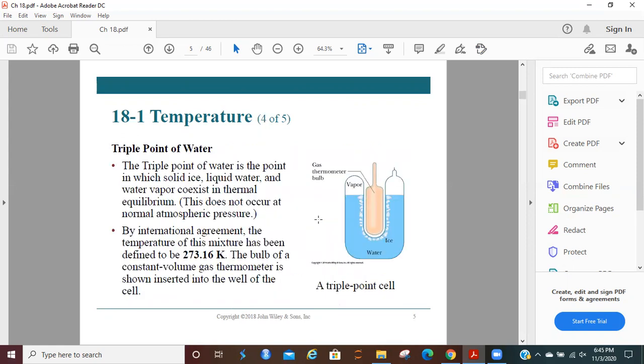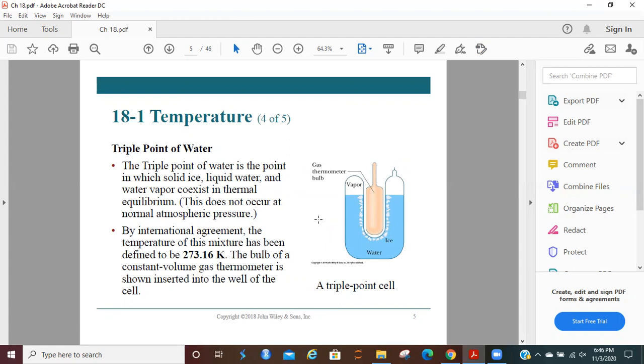Triple point of water. The triple point of water is the point in which solid ice, liquid water, and water vapor coexist in thermal equilibrium. Obviously, this does not occur at normal atmospheric pressure. By international agreement, the temperature of this mixture has been defined to be 273.16 Kelvin.